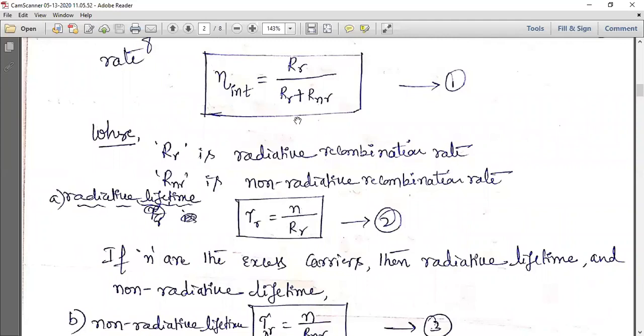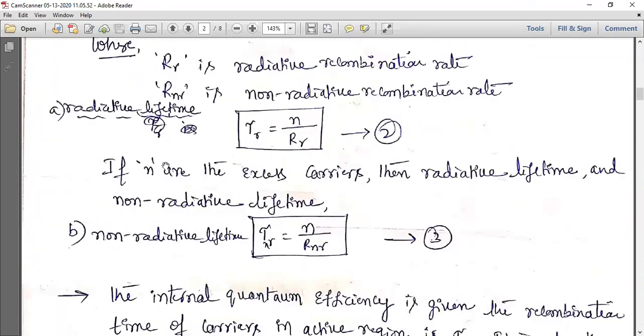That is the lifetime; this is the rate. We can write the quantum efficiency in terms of radiative and non-radiative recombination rates as well as radiative and non-radiative times; both can be used. Similarly, the non-radiative lifetime is given by n by R_NR. Both are the same thing.